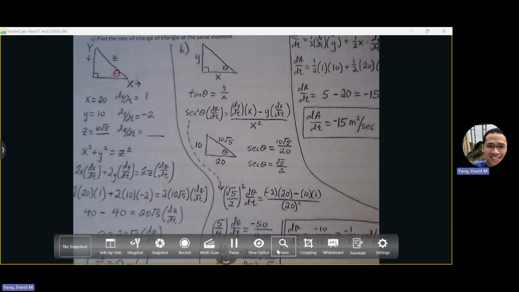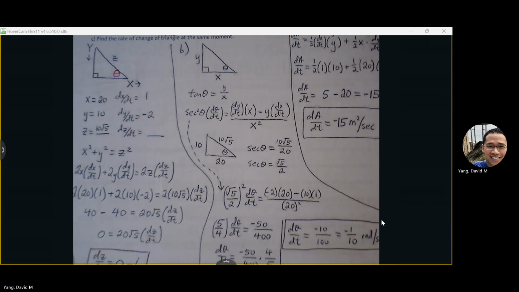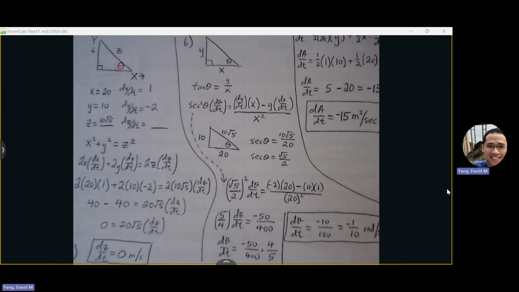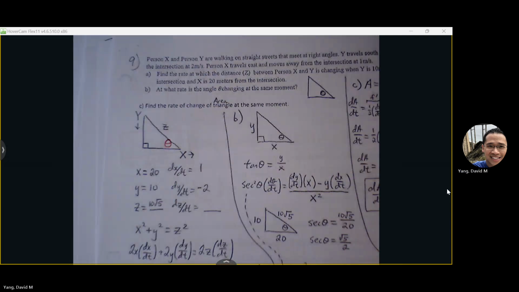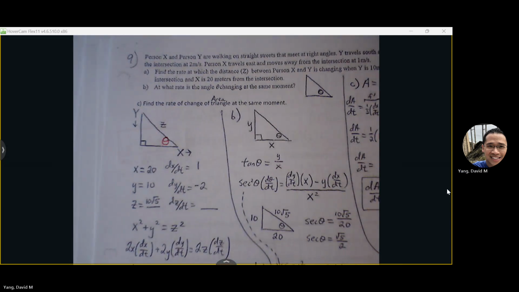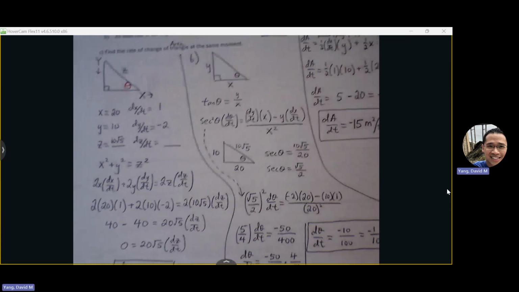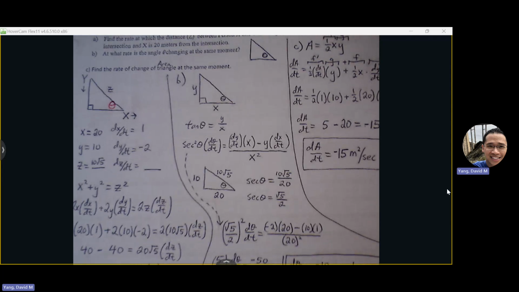For number 9, did we get through all of part A? Or sorry, where did we stop? Did we finish A? We did, okay. All right, so we finished A, and then part B says, at what rate is the angle theta changing at that same moment?